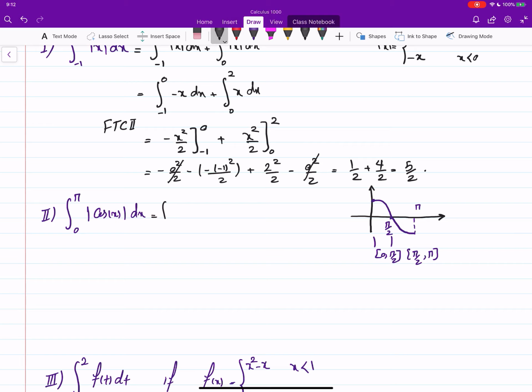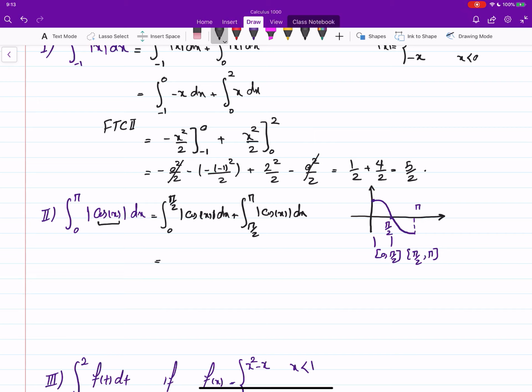To be able to evaluate on each part, we have to make sure that we get rid of the absolute value first. So to do so, we go from 0 to pi over 2, where cosine x is positive, and the other piece, which is from pi over 2 to pi. I just applied the property of definite integrals.